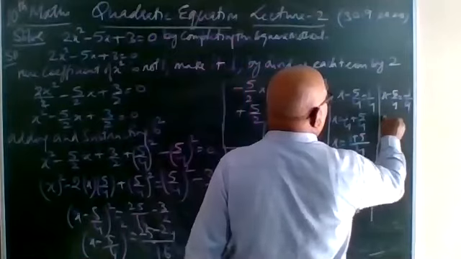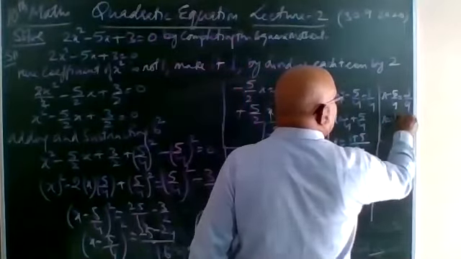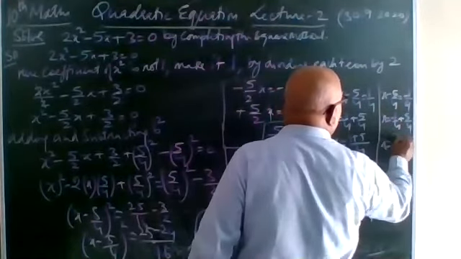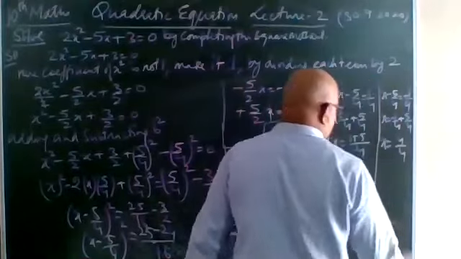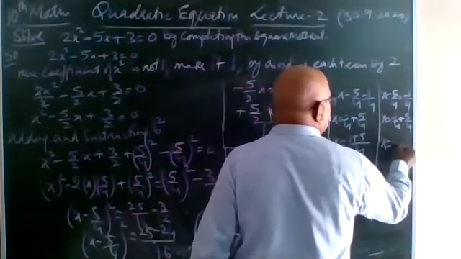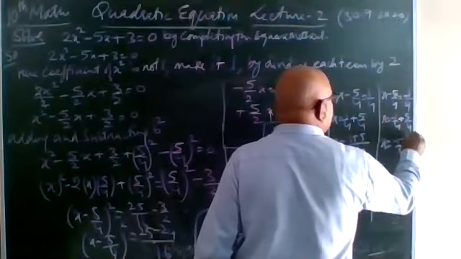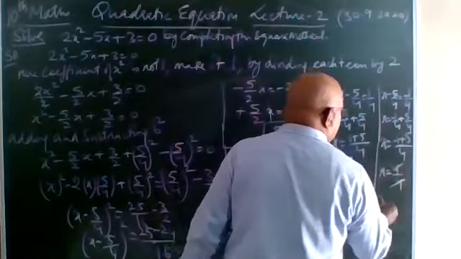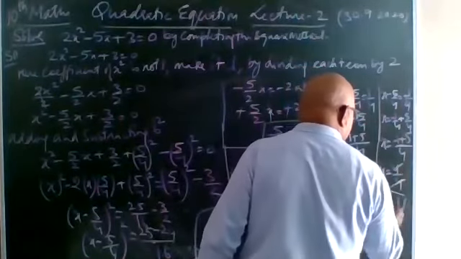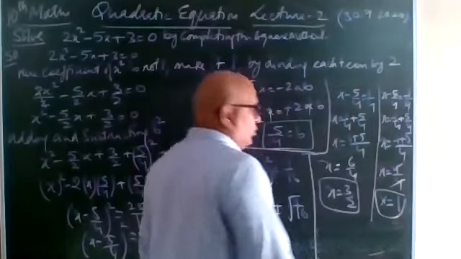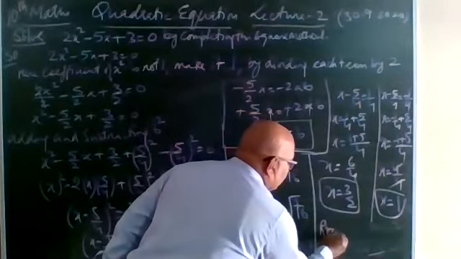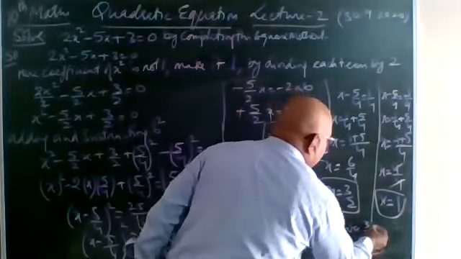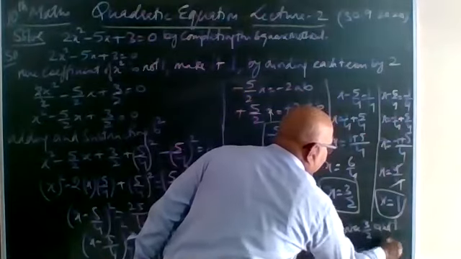And x equals minus 1 by 4 plus 5 by 4, which is 4 upon 4, that is x equals 1. The roots are 3 by 2 and 1.